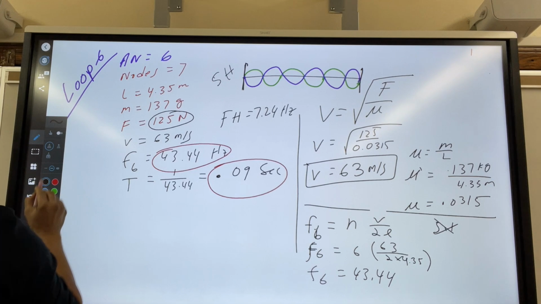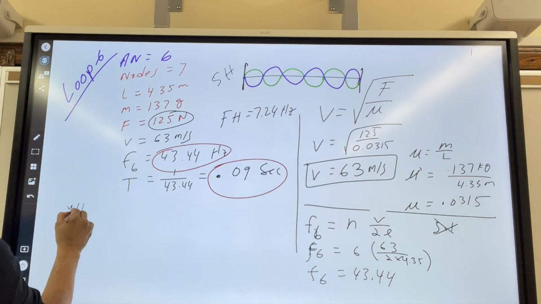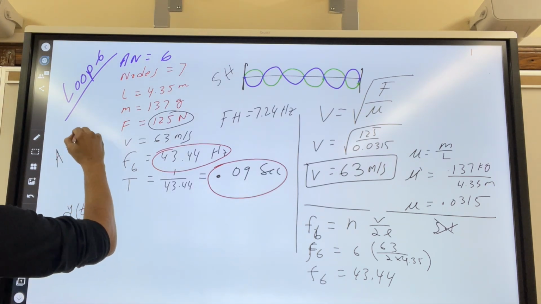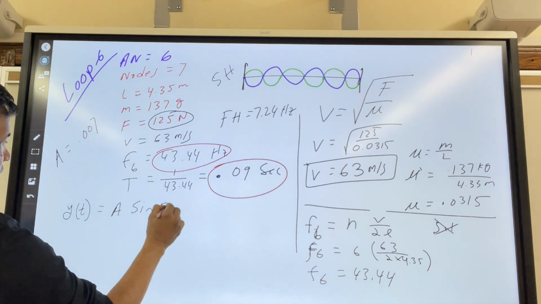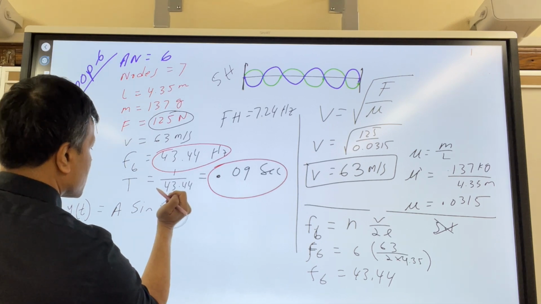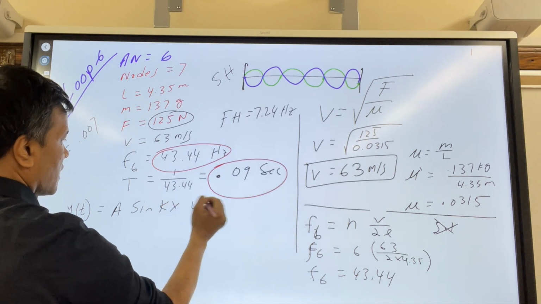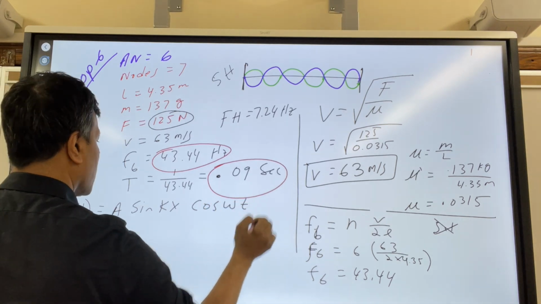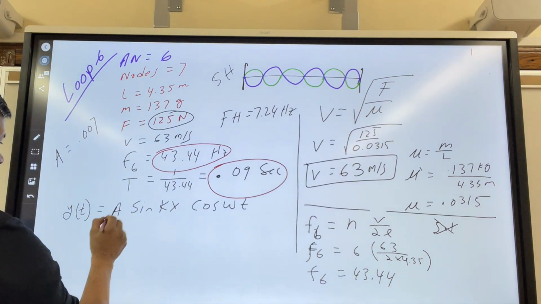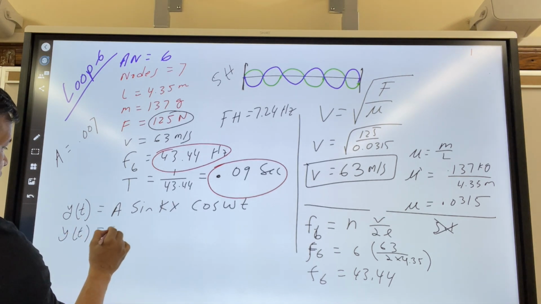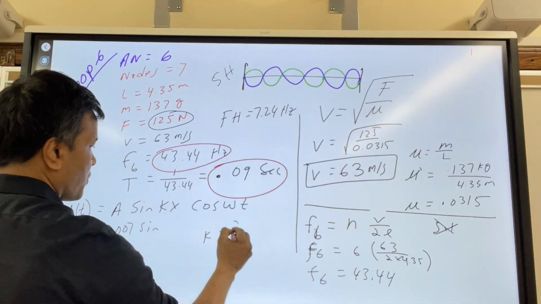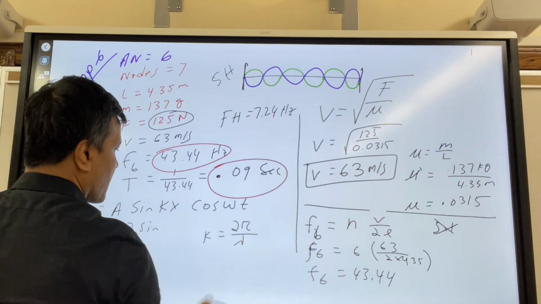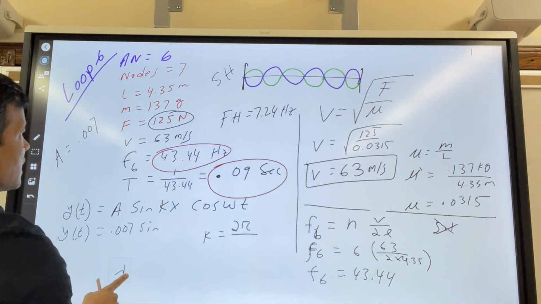Now let's go write it. y of t is equal to amplitude. I also gave you the amplitude. Amplitude is 0.007. So amplitude times sine kx cosine omega t. So let's write y(t) is 0.007 sine. Let's find k. k is 2 pi over lambda. What is lambda?